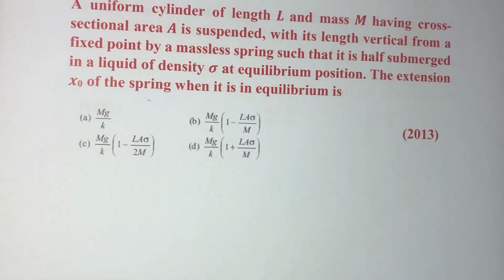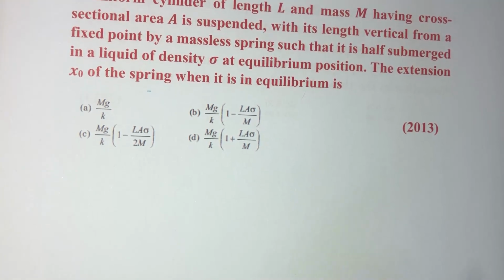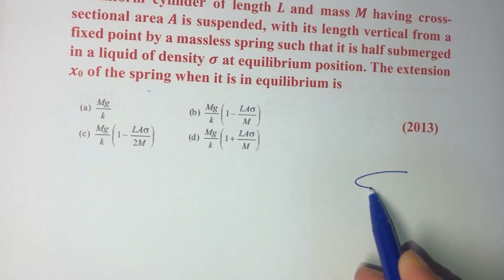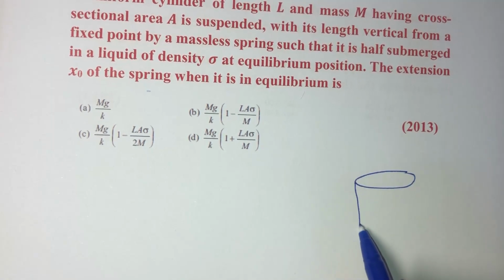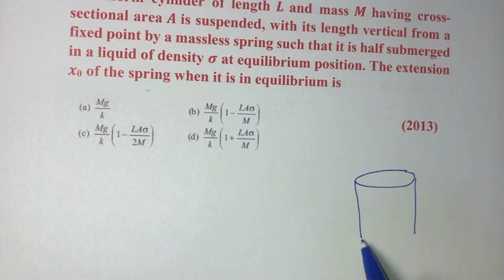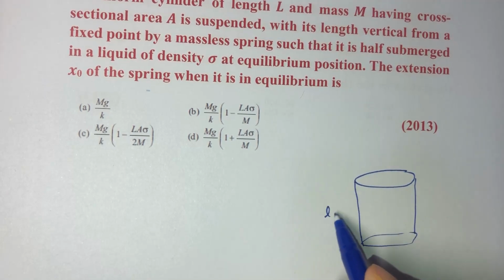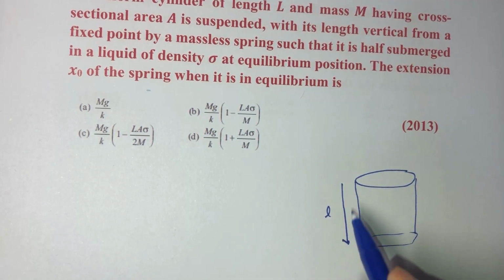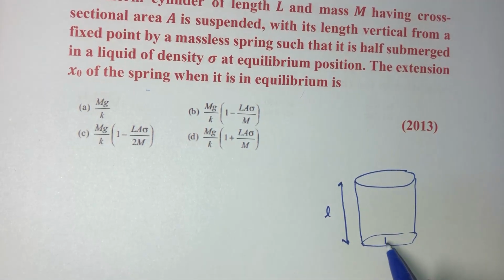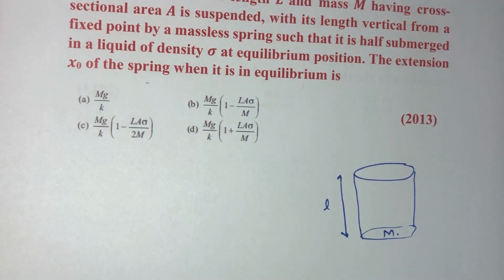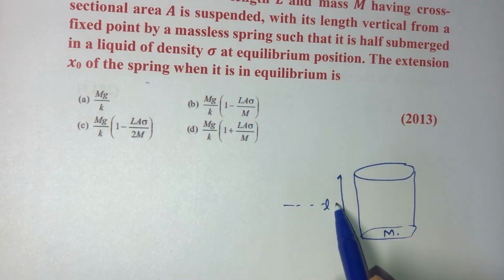So we are given a cylinder whose length is L and mass is m. So let us draw a cylinder whose length is L and mass is m, and it is submerged half in a liquid of density sigma.